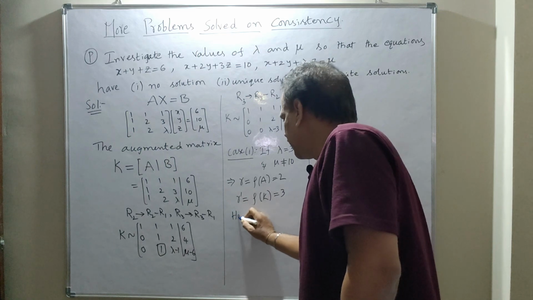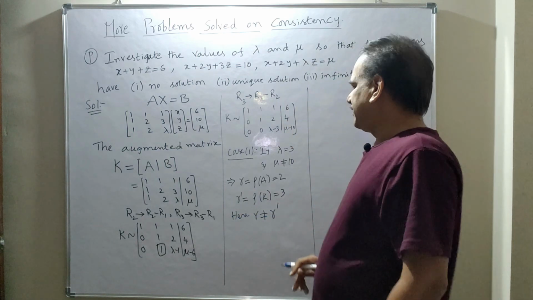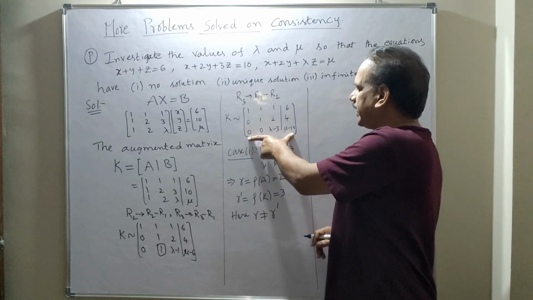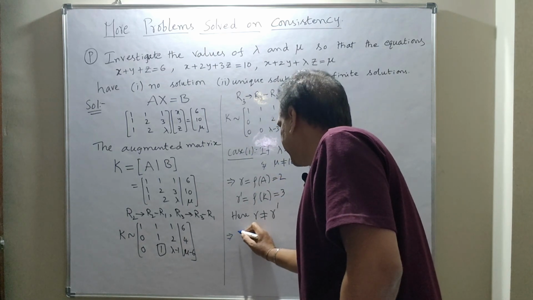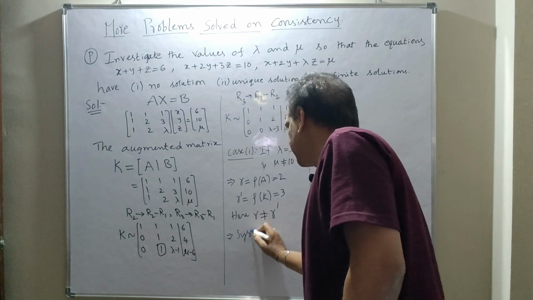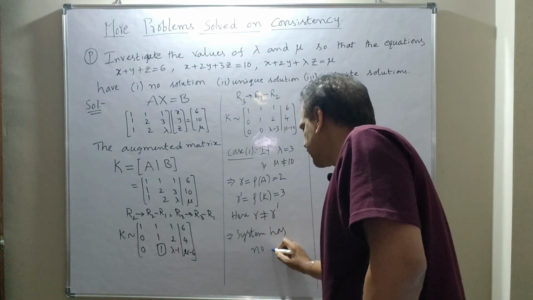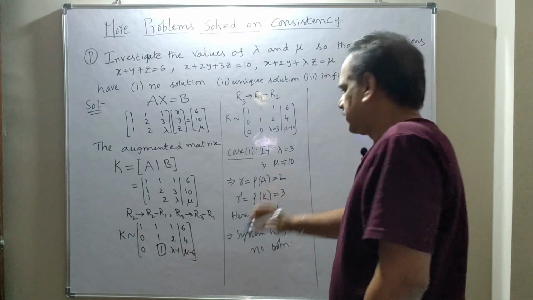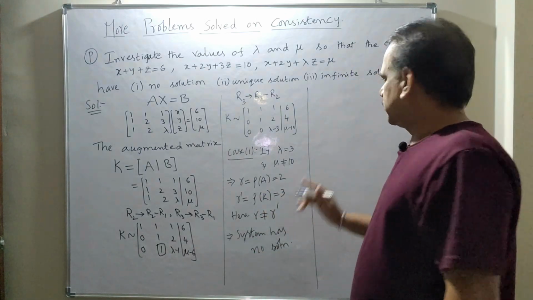Here R is not equal to R dash. That means the rank of A is not equal to rank of K. This implies in this case, the system has no solution. When R is not equal to R dash, no solution.